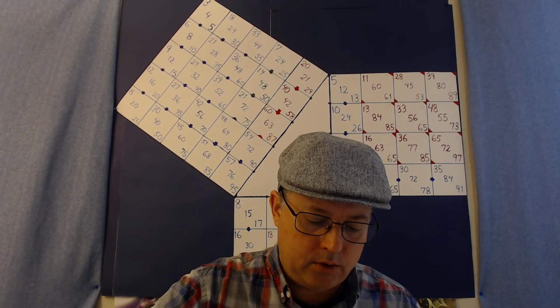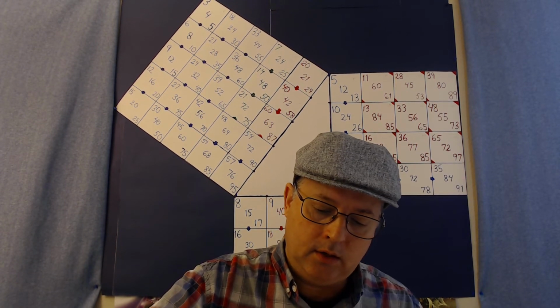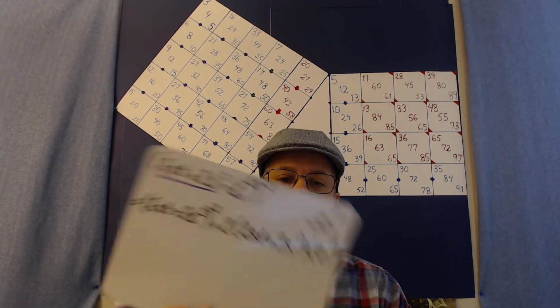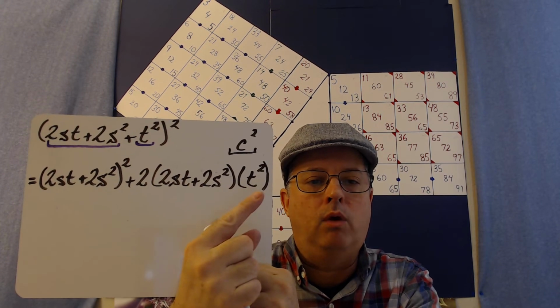And then we want to say plus 2xy, so 2, and then the x expression 2st plus 2s squared, and then y, t squared. Okay, so we have 2 and then x and then y, and now we're running out of room, so we'll drop it down a bit here, plus y squared, so that's plus t squared.